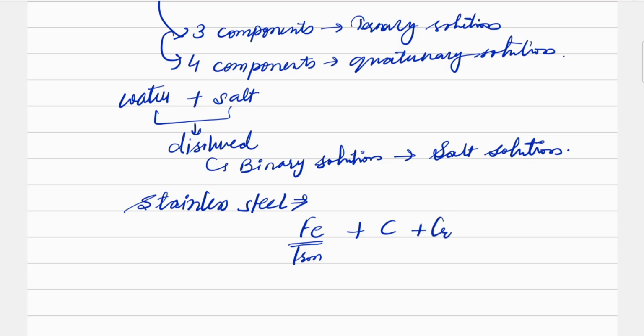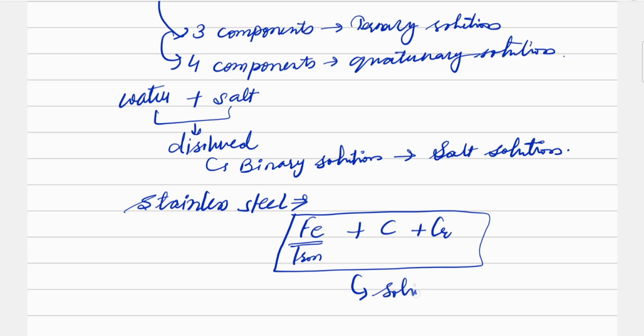We can add a lot of different things also, like nickel, molybdenum, manganese, silicon, nitrogen, titanium, niobium. But what we do is take these things, melt them together and form a solution which is actually a solid solution.